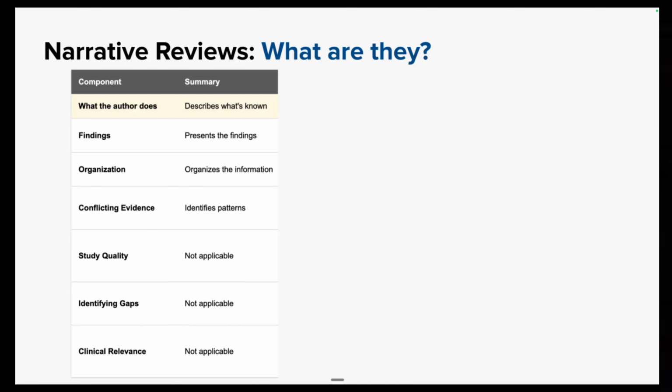So we're going to look at a monster table, which I've tried to break up a little bit. On the far left column, we have component. So those are just things, considerations really. And then the summary piece. So what the author does, which is me and which is you. For the summary, you're describing what's known, you're presenting the findings. You're saying, well, author A found this, author B found this.